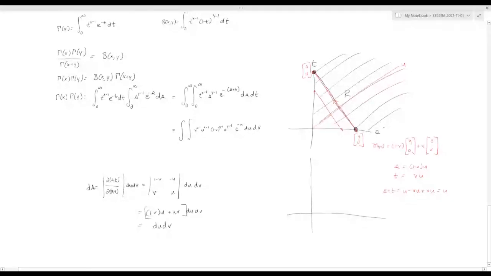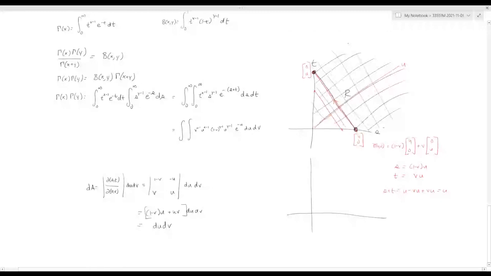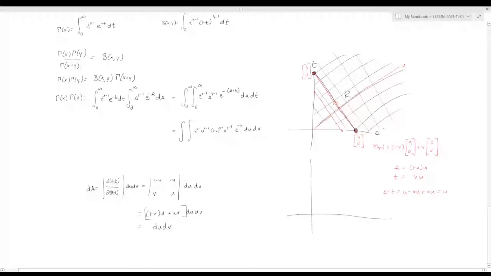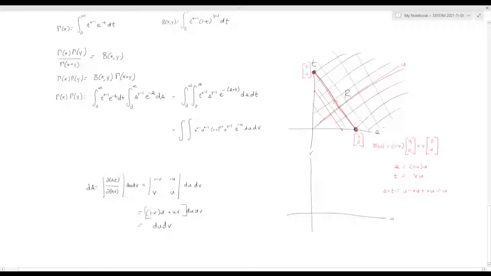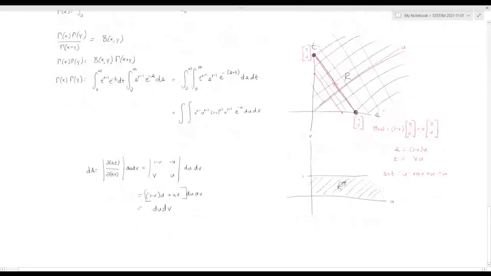And then you let u go from 0 to infinity, so that way you cover the same first quadrant in a different fashion. So we're going to let u go from 0 to infinity, and v is going to go from 0 to 1. So believe it or not, this is our region R star in the UV plane. So you might want to think about that one. So here v is going to go from 0 to 1, and u is going to go from 0 to infinity.